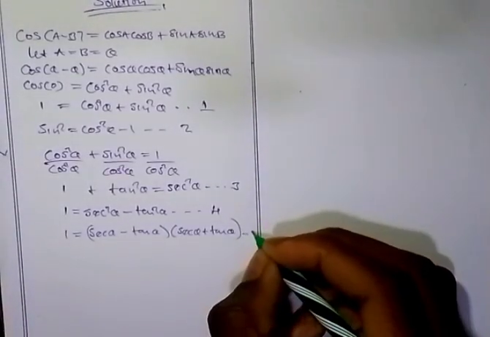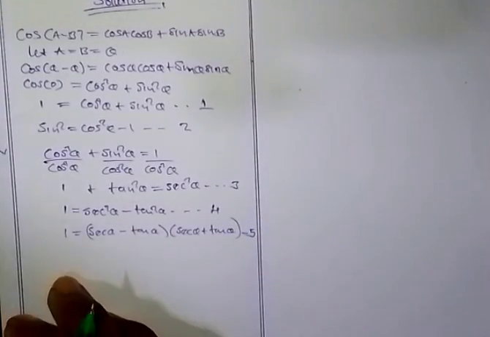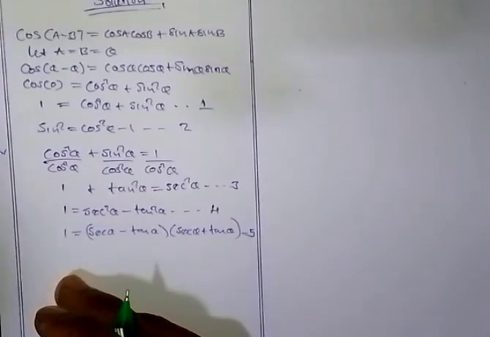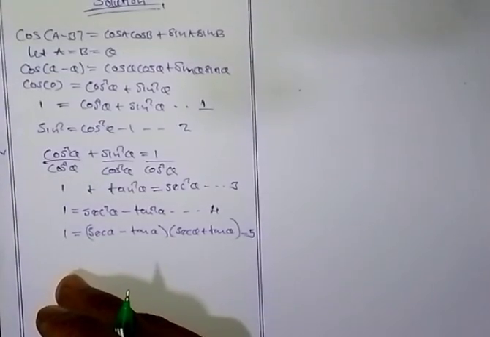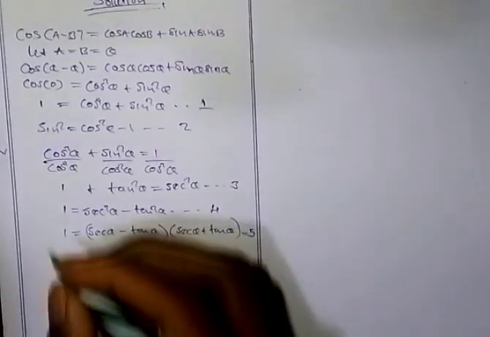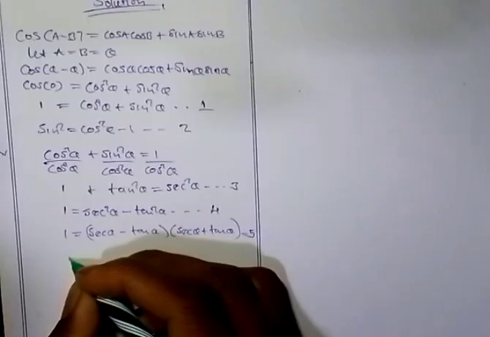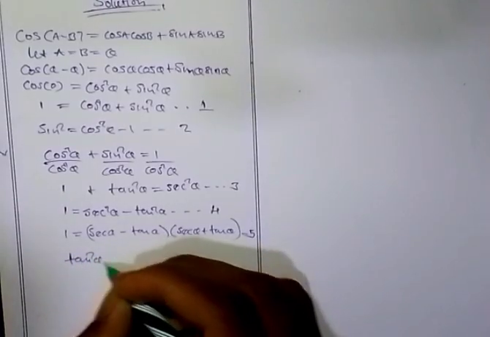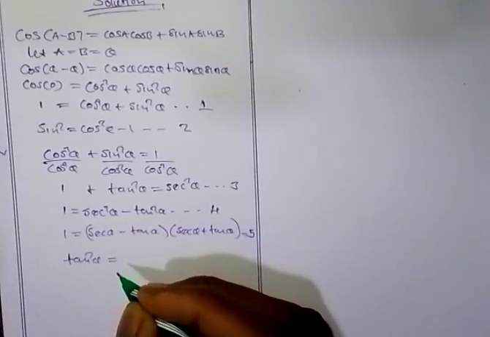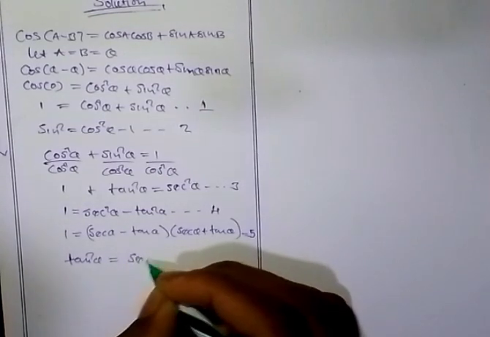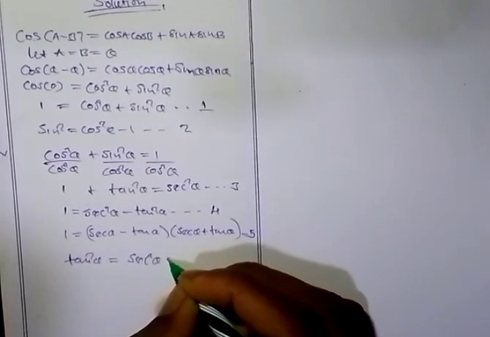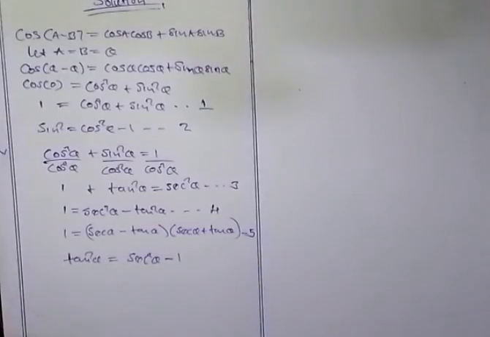So this is our identity number 5. Okay, so after doing this we see that we can also say tan square theta is also equal to sec square theta minus 1.